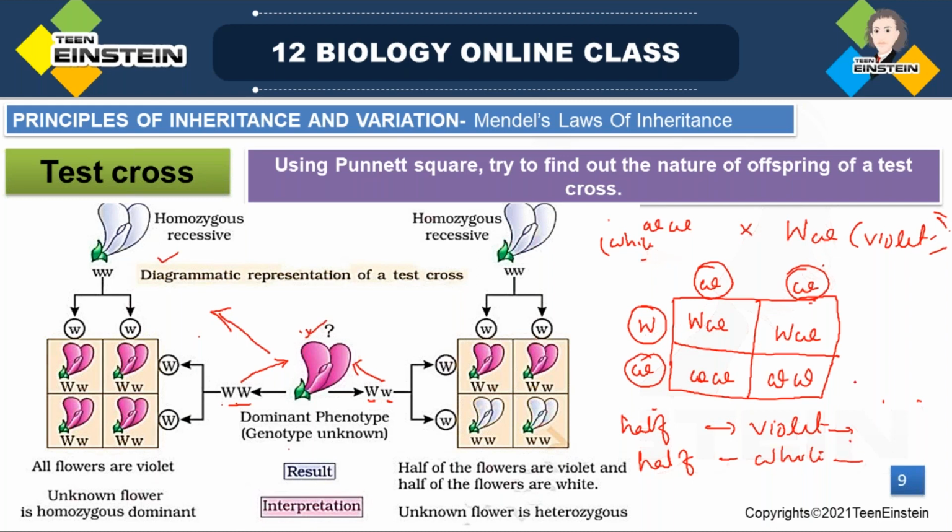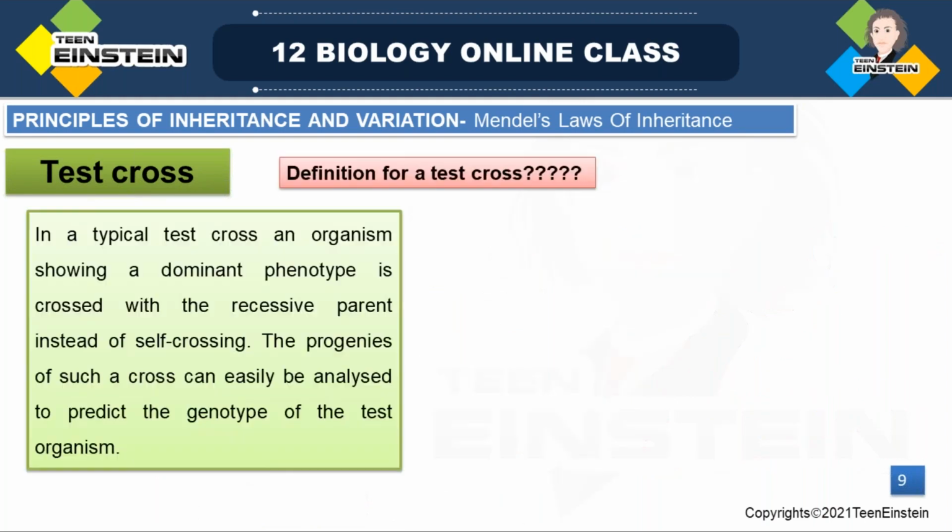So the distribution of offspring will be in a 1:1 ratio. 50% of the offspring will show the dominant character and another 50% will show the recessive character. Got it? So that is the test cross.